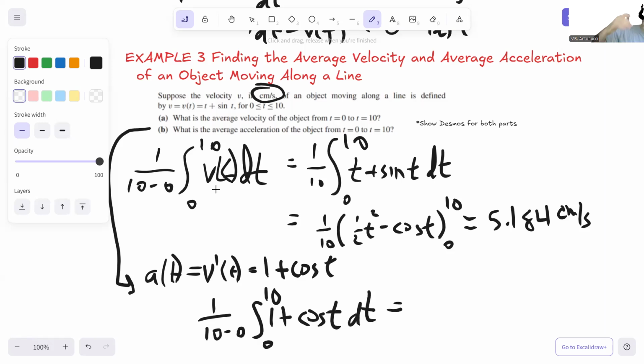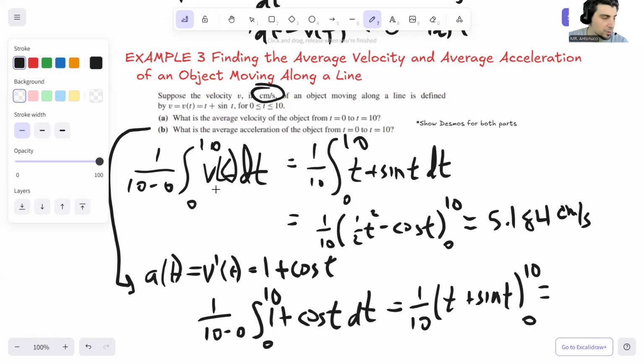Now, in this case, we differentiated the velocity function to get the acceleration. And now to get average acceleration, we're going to anti-differentiate. So we should get back to the function for velocity here, which is t plus sine t from 0 to 10. If you plug both of those in and subtract, you'd get 0.946, and the units would be centimeters per second squared.